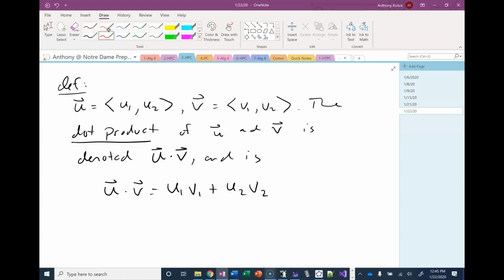Notice that this result is not a vector. The dot product between two vectors is a scalar. This is the first time this has happened. When we add two vectors, scalar multiply, or subtract vectors, all of the results were vectors. Here the result is a single real number.